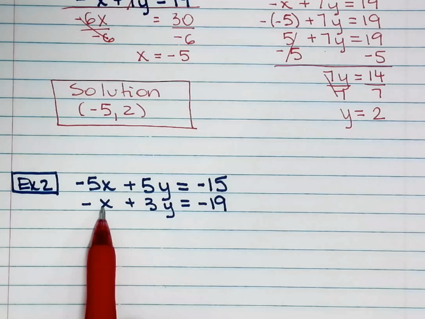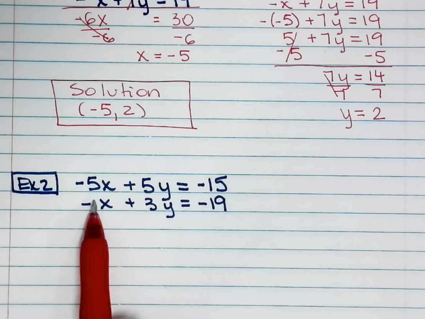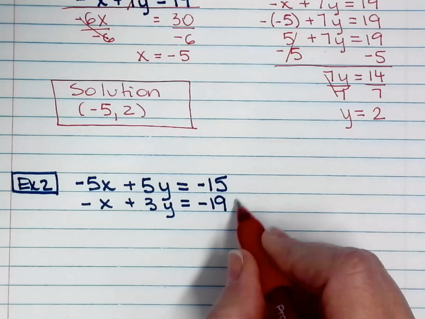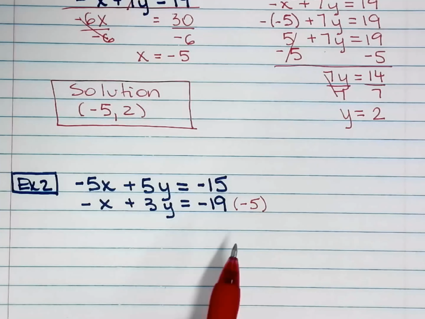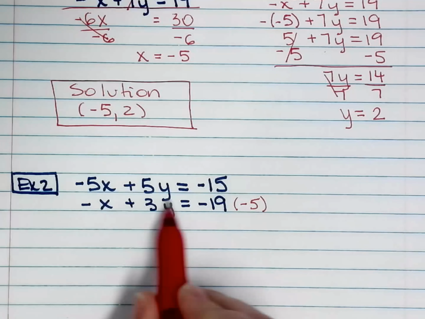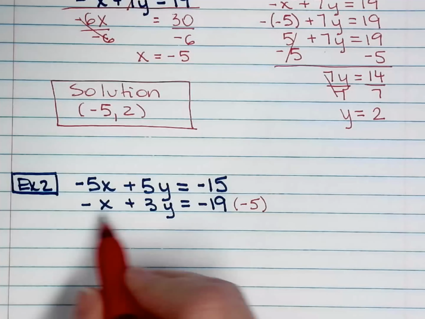But if I were to eliminate x, if I make this negative 5 a positive 5, then I'll be able to eliminate x. To make this positive 5, I need to multiply the whole second equation by negative 5. And that's what we're going to do.